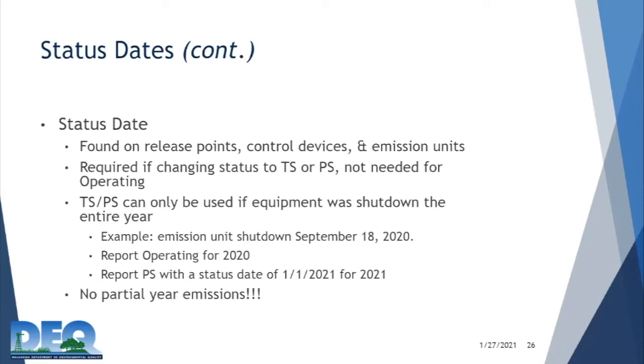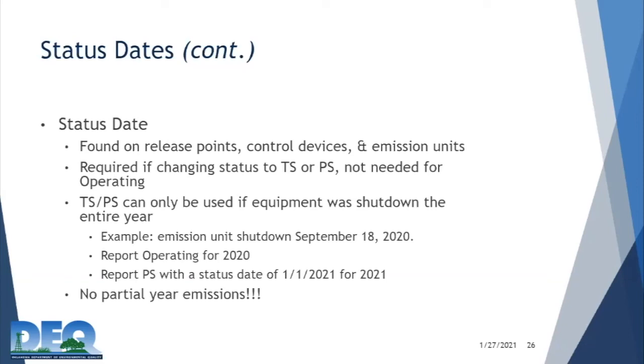One thing to keep in mind, though, if you have, let's say, an emission unit that is temporarily shut down, and it was given a status date of January 1, 2019, and you're changing it back to operating for 2020, you would need to go ahead and update that status. It won't automatically do that. You have to manually change that status date.